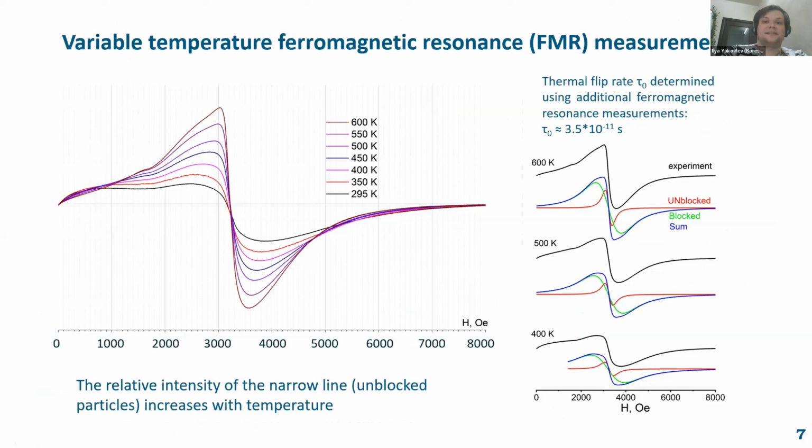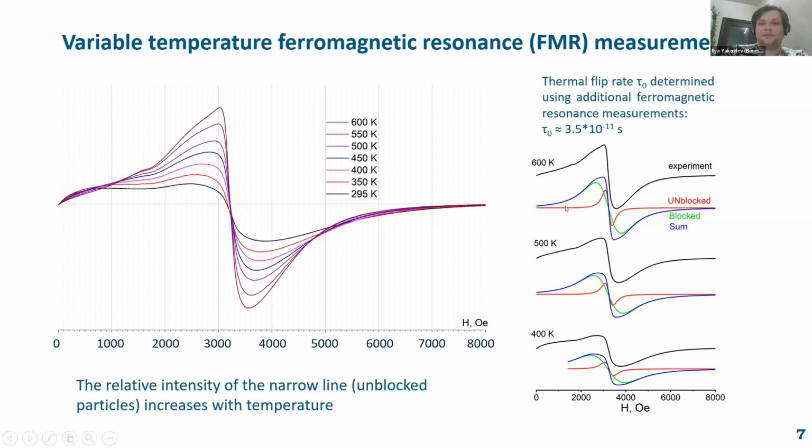In the ferromagnetic resonance spectra, we have observed a very complex signal, but we could distinguish two different lines at around 3000 Oersted. The very broad line corresponding to ferromagnetic single domain particles, so particles in a blocked state, and a very narrow line located at the same frequency, but corresponding to superparamagnetic particles.